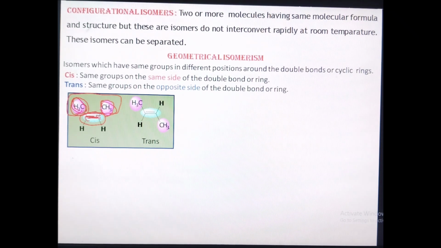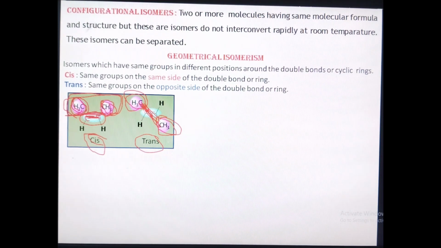But in the second isomer, CH3 and CH3 are on the opposite side of the double bond. These types of isomers are called geometrical isomers. When the same groups are on the same side of the double bond, it is called cis. When they are on the opposite side, it is called trans.